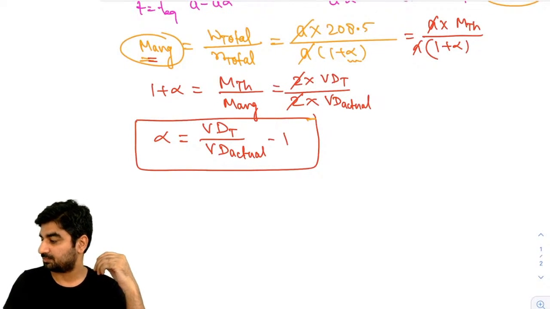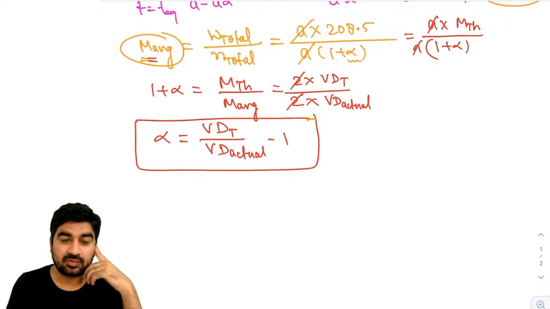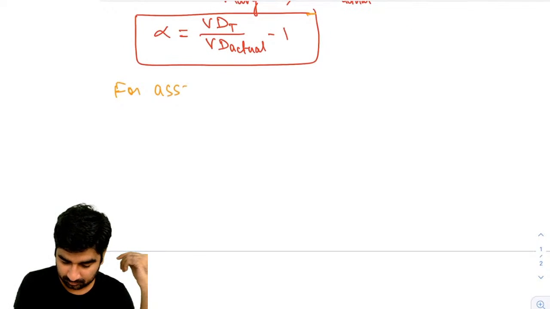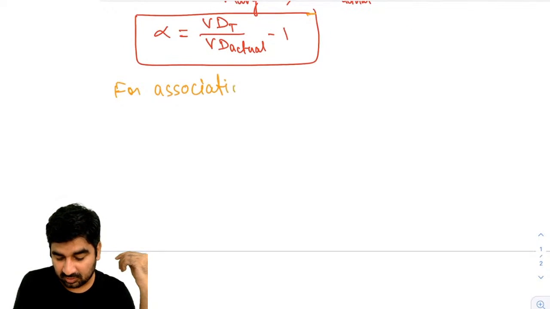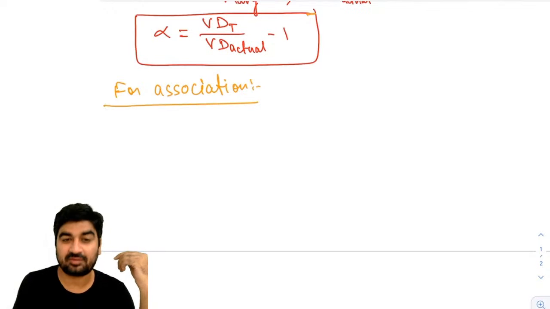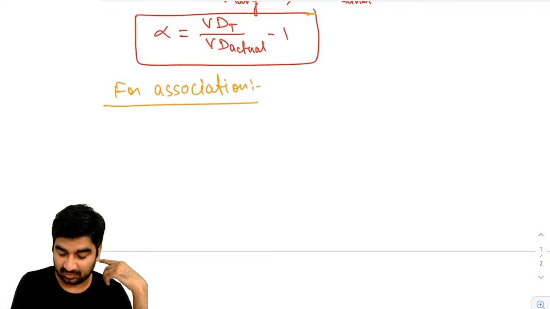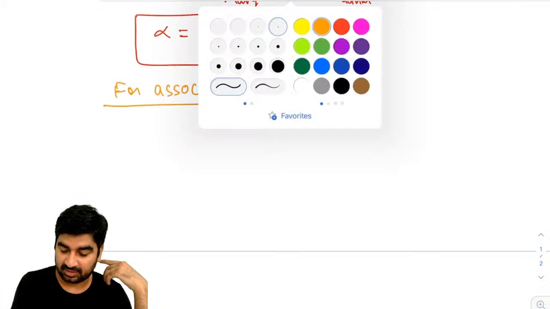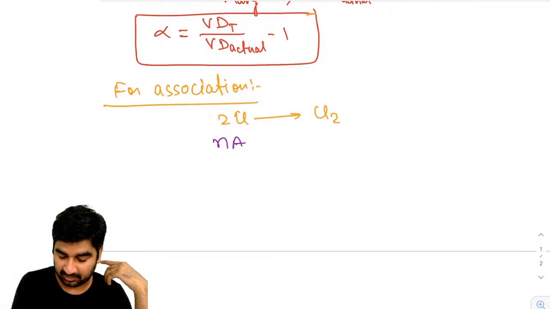Now for association, what will you do? Just like degree of dissociation, we have degree of association. What is associating? Like taking 2 chlorine atoms and converting them into Cl2. So I will take a general expression like nA going into An.